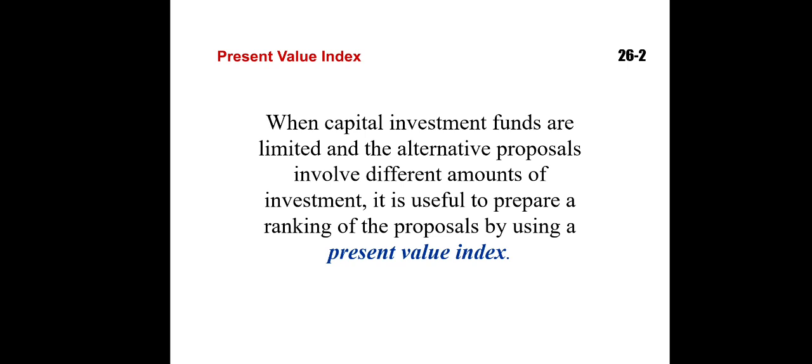Okay, this is like an additional one. Let's say you have several choices or alternatives of investment. Investment 1, investment 2, investment 3. And then you have analyzed these investments using net present value.